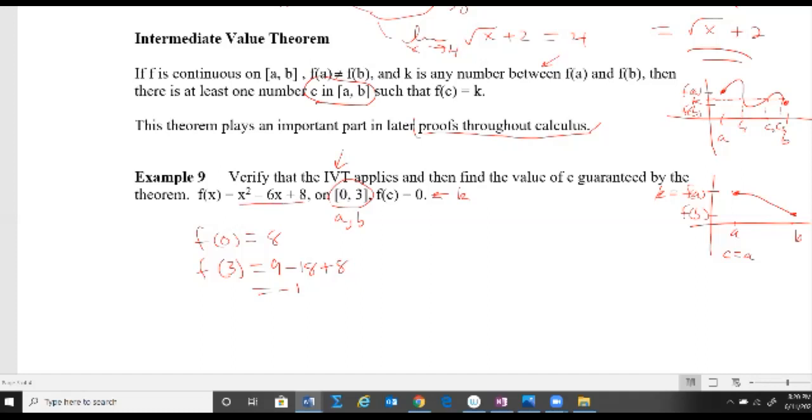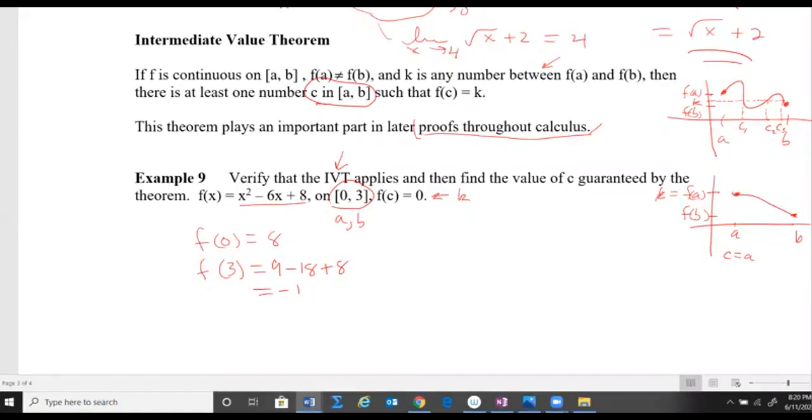And we do have the second condition met, that we have f of A not equal to f of B. Now, our third condition is that k has to be between f of A and f of B. So k is 0. Well, there's a 0 between negative 1 and 8. Okay, 0 is between there. So all three conditions are met. We have continuity, we have f of A not equal to f of B, and we have k, a number between 8 and negative 1.